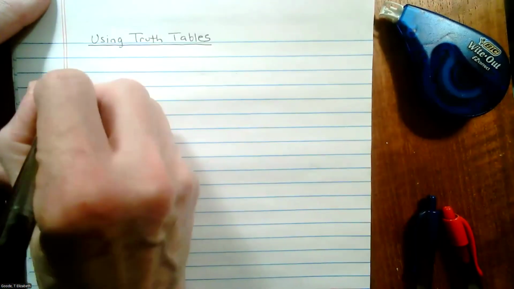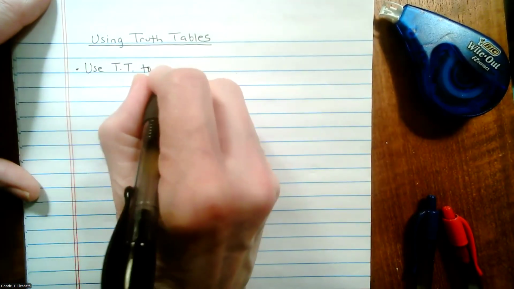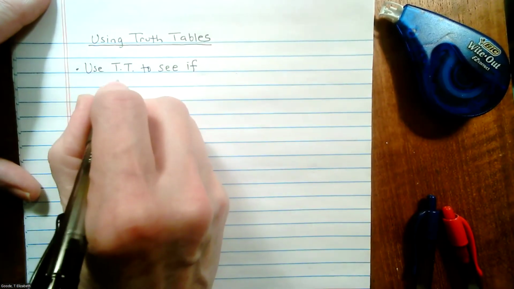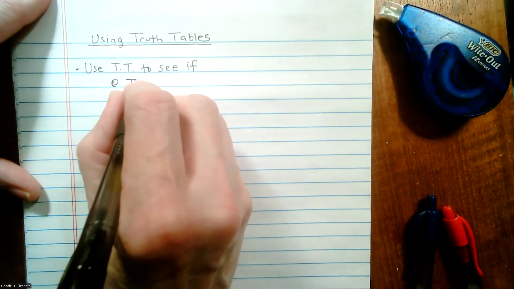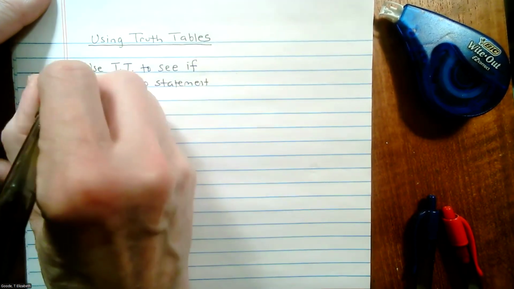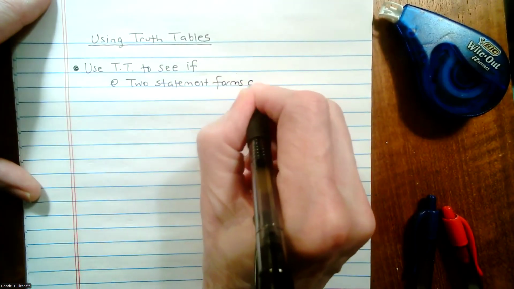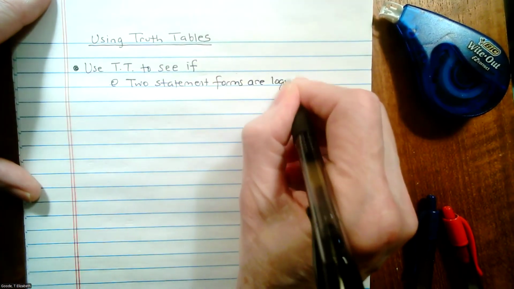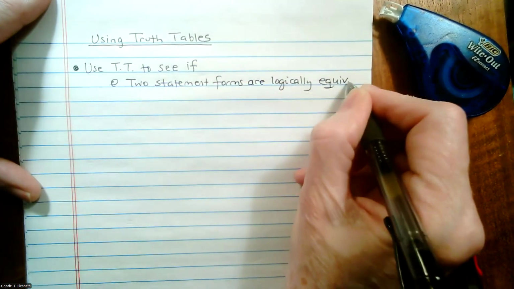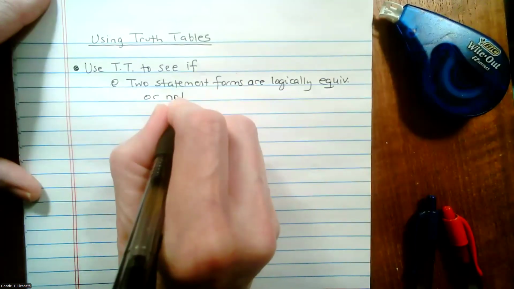Okay, so we can use a truth table to see if two statement forms are logically equivalent or not, right?